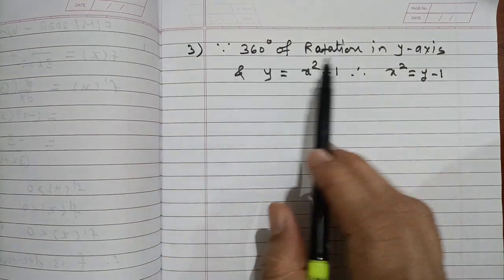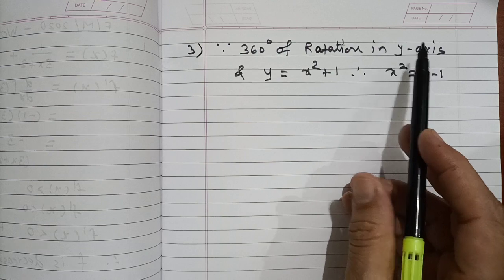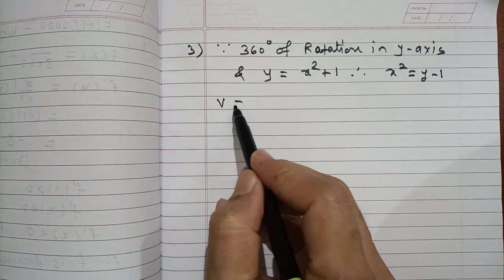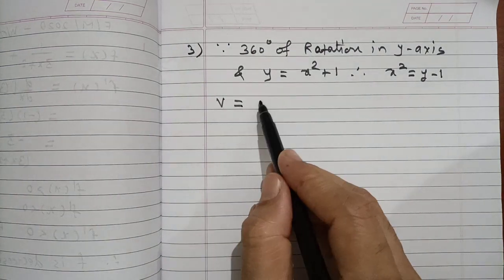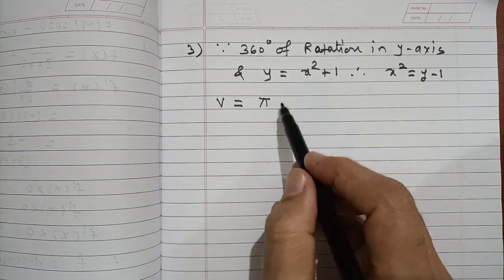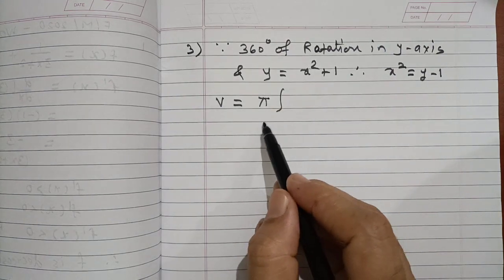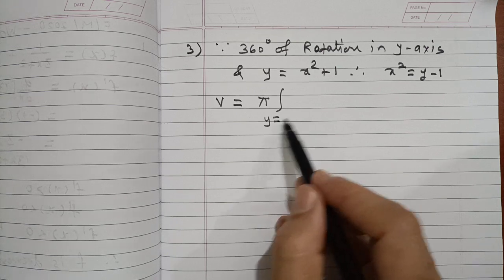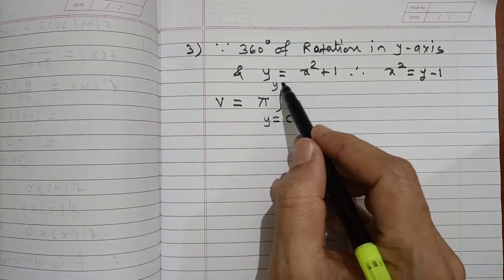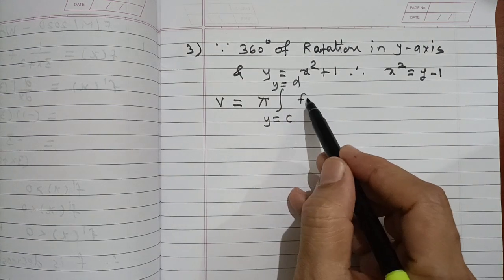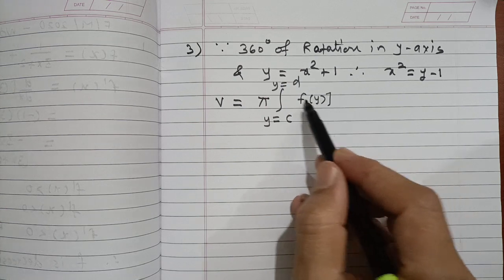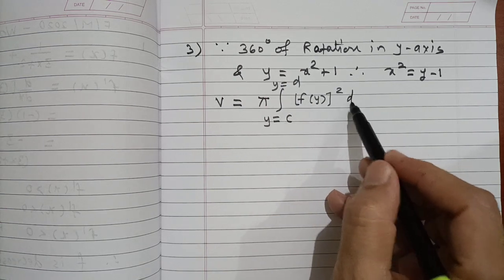Since the 360 degree rotation is about the y direction, the formula for the volume becomes V is equal to pi into the integral from y is equal to c to y is equal to d of f of y the whole square dy.